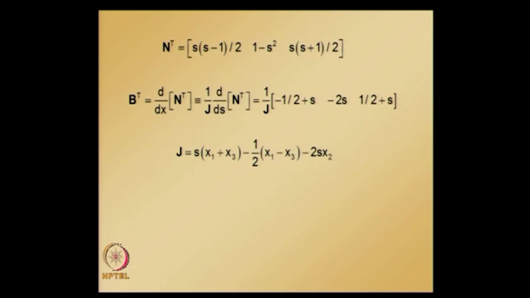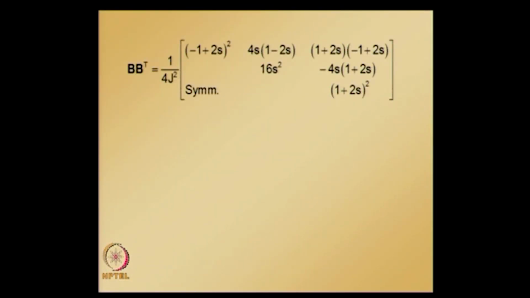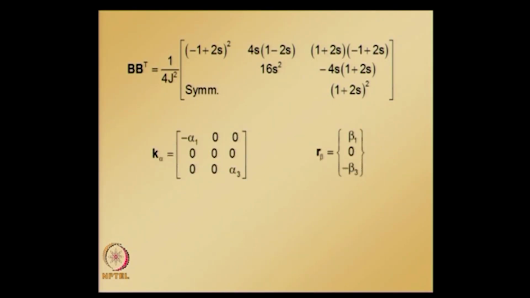And now n transpose is given by this one, and similarly b transpose can be computed, and also we have this k alpha and r beta.